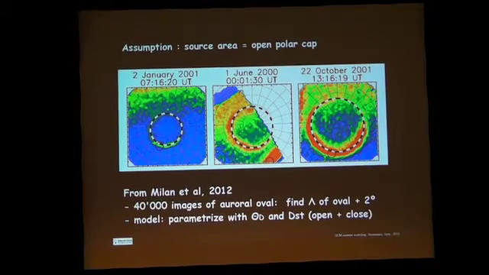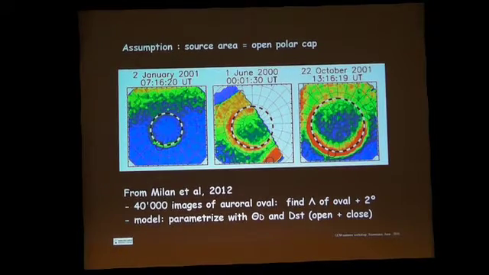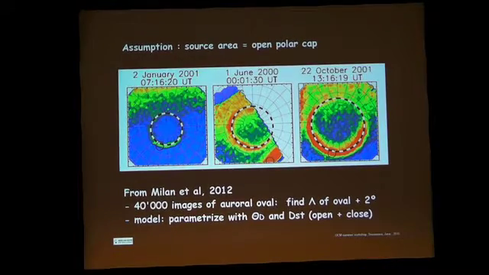And it actually gives a very good idea about the size of the polar cap. The size of the polar cap can vary significantly. To the left here we have a contracted, small polar cap, which means that our source area for cold ion outflow is very small. With disturbed conditions, you get a much more expanded polar cap also.